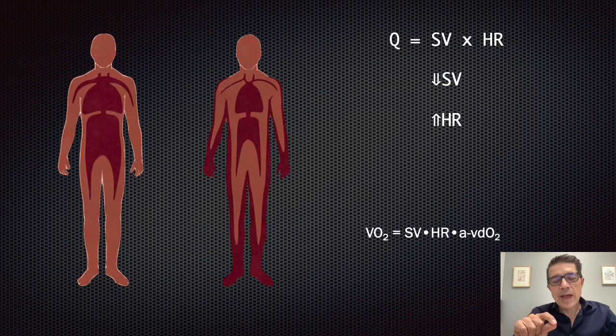Imagine, other than the issue of redistribution, so we have more blood to the skin, we're standing for a long time, and we have more blood in our legs, so we have blood pooling. Imagine if you put in that recipe also a little bit of dehydration, where dehydration leads to a decrease in plasma volume.